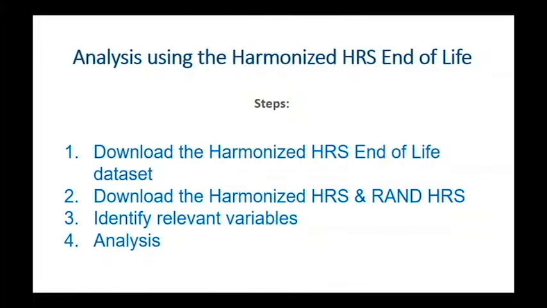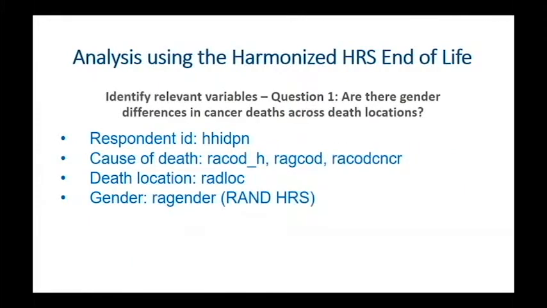After we've identified the relevant variables, we're going to start our analysis. So if we go back to our first research question, which looks at gender differences in cancer death based on location of death, we're going to need the HRS respondent ID, which is HHIDPN, to merge the Harmonized HRS End of Life with the Harmonized HRS and the RAND HRS.